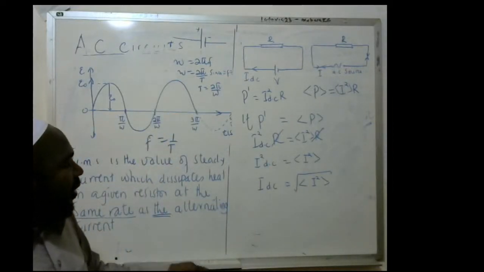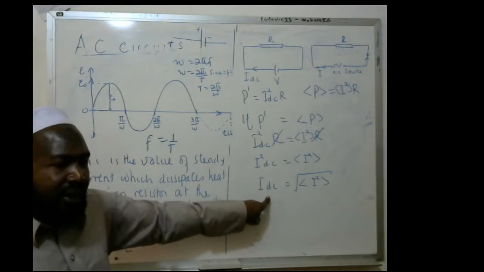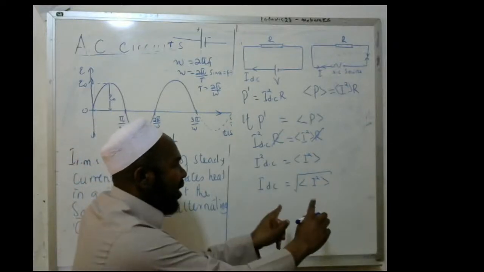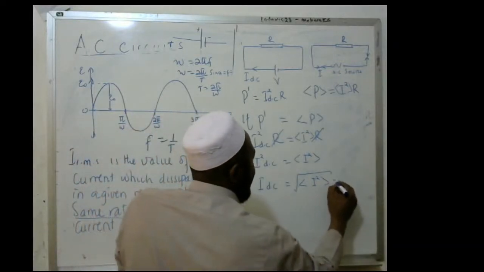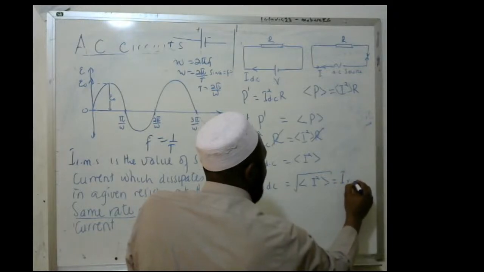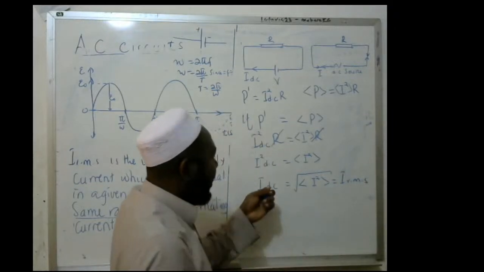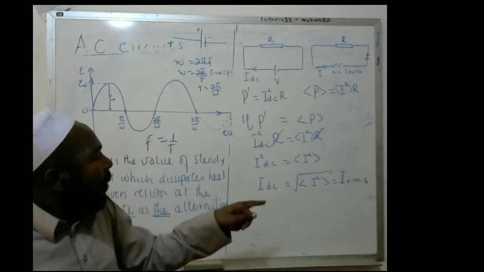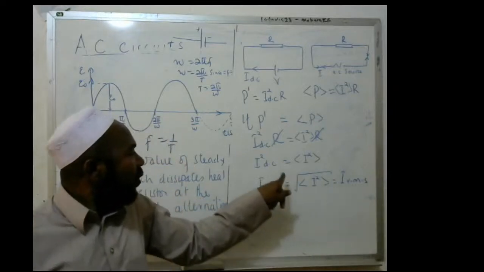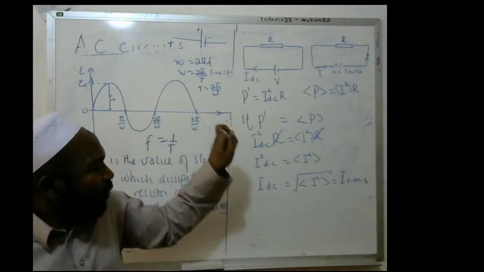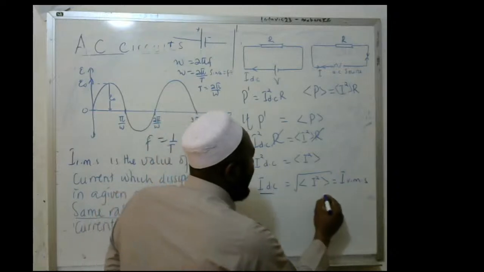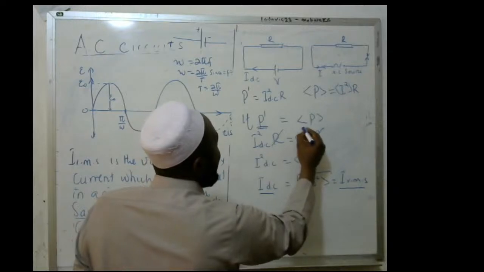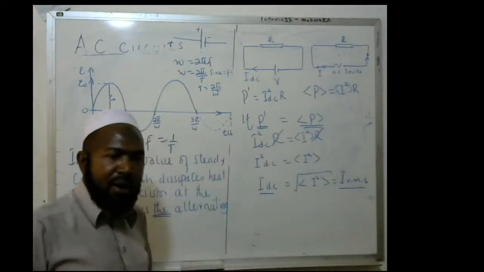Now you are going to see that this value of direct current is what we call the root mean square, that is I RMS. So direct current becomes equal to the I RMS value of current. But the I RMS value of current that's equal to direct current is only true when the power dissipated is equal to the average power.